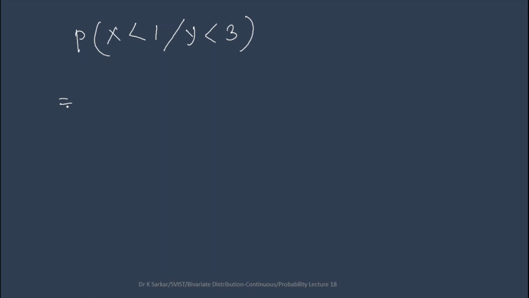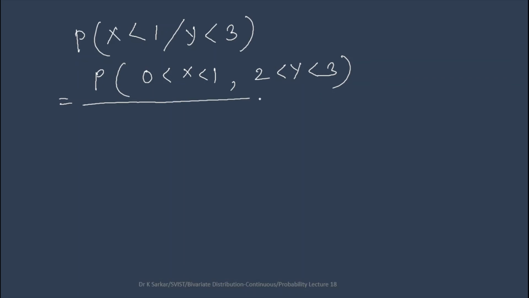By the definition of conditional probability, it can be written as the probability for x less than 1 greater than 0, y less than 3 greater than 2, divided by the probability for y less than 3 greater than 2.